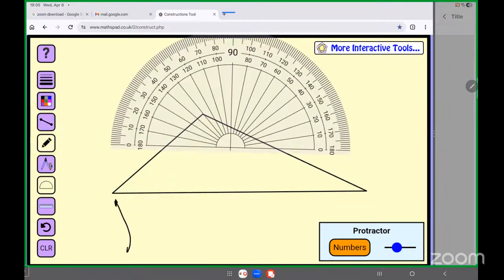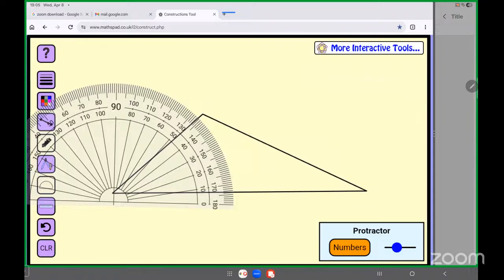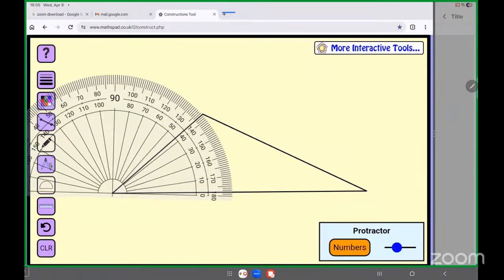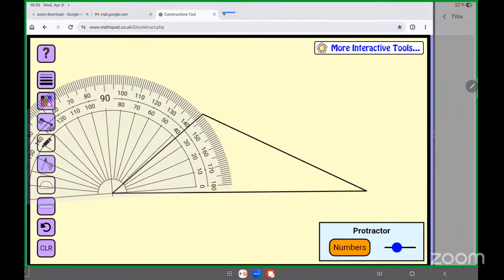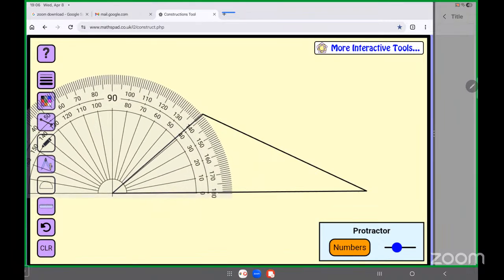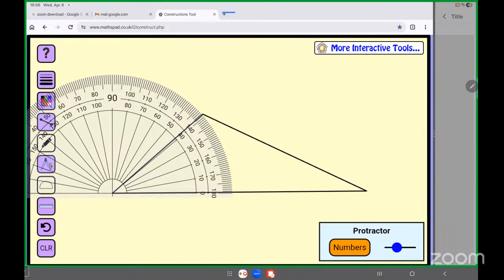Measure the angle inside. You put the eye on the point, right in the cross on the point. Then you rotate and make sure that the baseline you measure the angle from passes through 0. See, it passes through 0 now.